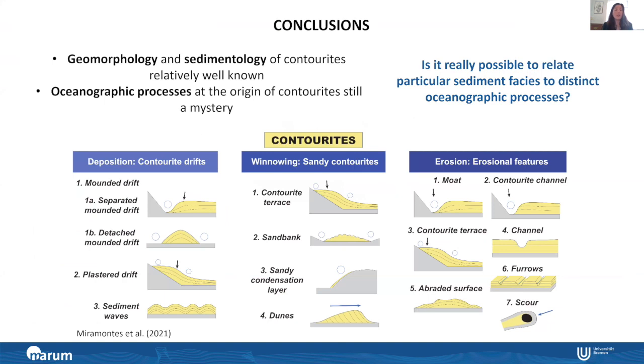And what is very important so that we can interpret properly the sedimentary record is that we know when these deposits are being formed and how they are being transported, so that we can create good paleoceanographic reconstructions based on the morphology or on the sedimentary facies.